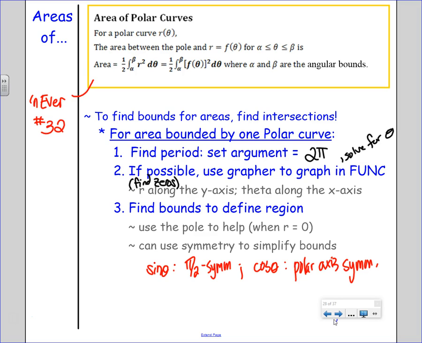It depends on the polar curve. It depends on what they're asking for. It depends on how it's oriented and when different pieces of it start. But symmetry is going to really, really help. For instance, if they wanted us to find the entire area within a rose, couldn't we just find one petal and multiply it by 5 or 4 or 6 or 2 or 3 or whatever it is that you have?